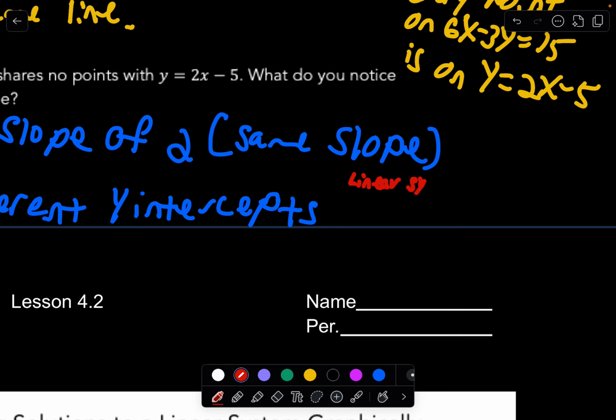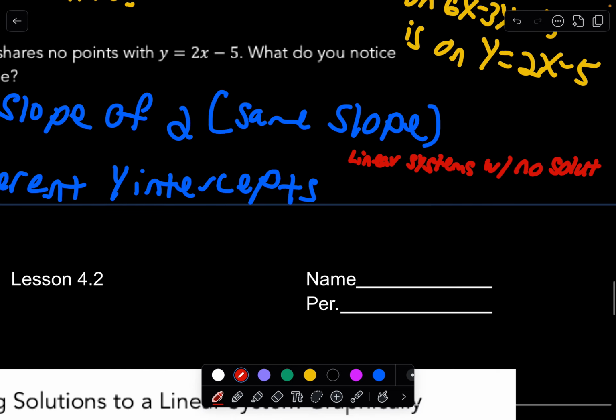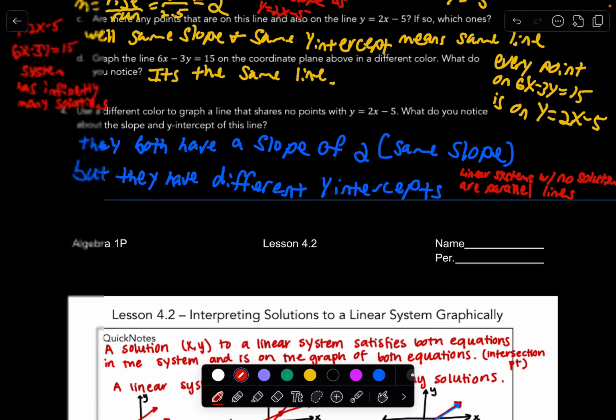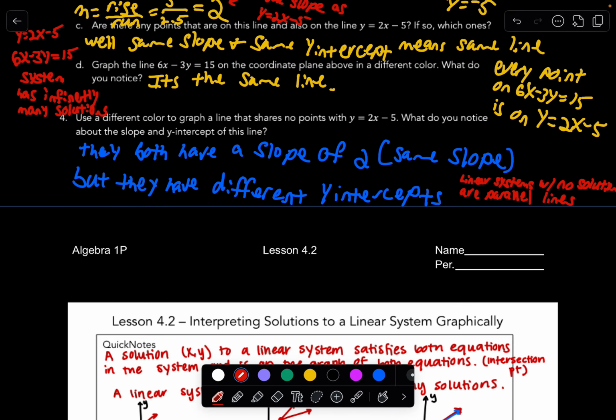Linear systems with no solution are parallel lines. Okay? And there you go.